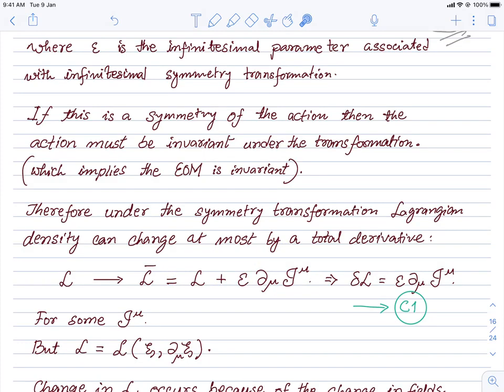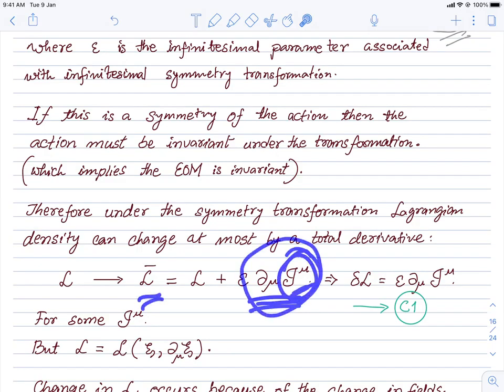So this is the way in which the Lagrangian can transform under the symmetry transformation if there is a symmetry in the picture. It can transform at the leading order for infinitesimal transformation. This is the point where the assumption that we have a continuous symmetry comes in. Otherwise, we will not have an infinitesimal parameter characterizing the infinitesimal version of the symmetry transformation. This is the reason why you need a continuous symmetry for this argument to work. Very good. So the Lagrangian would transform as del mu of some object.